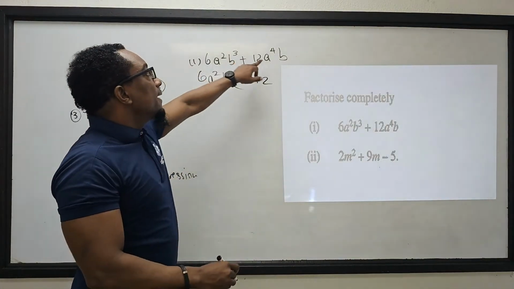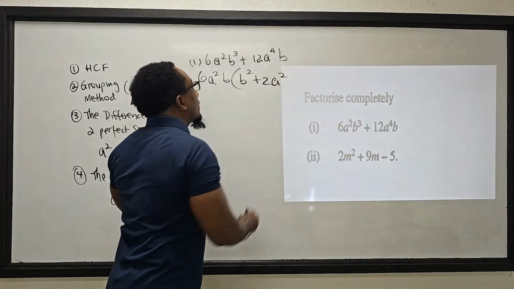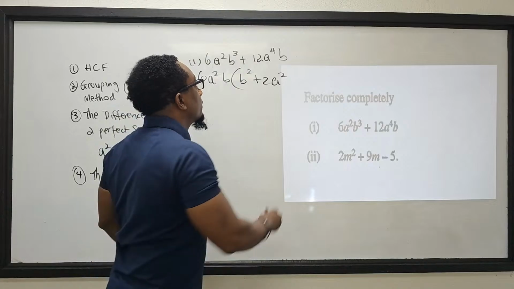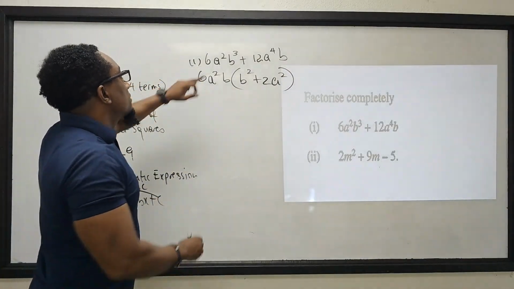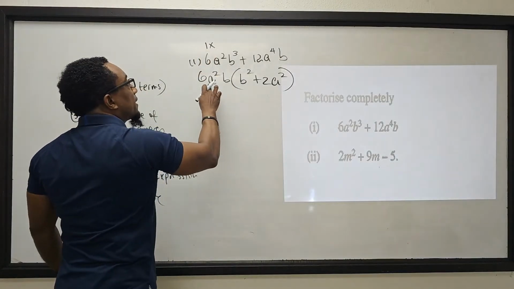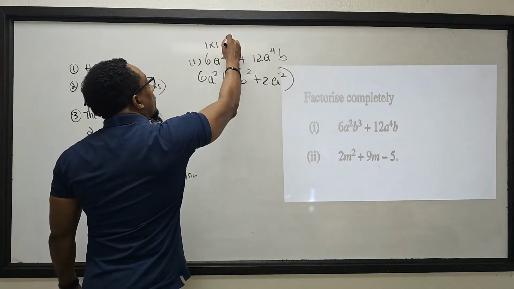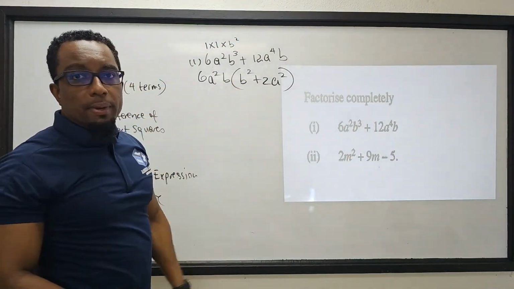A squared into a to the power 4 gives me a squared. And b into itself is 1. Close brackets.